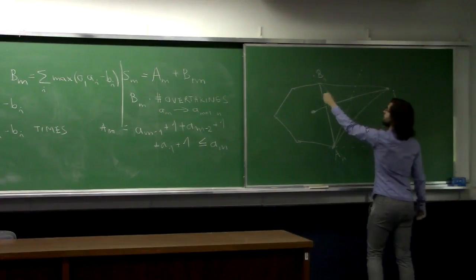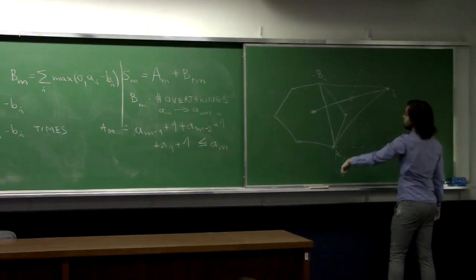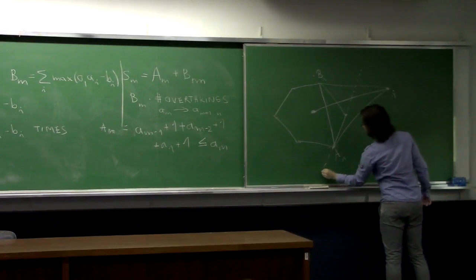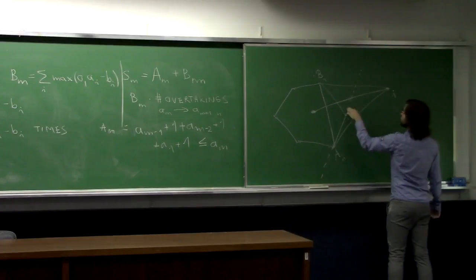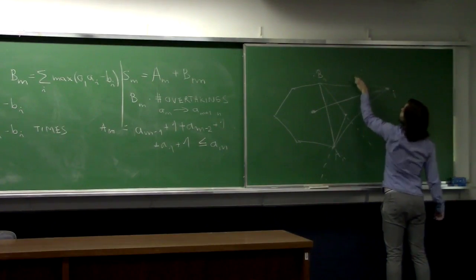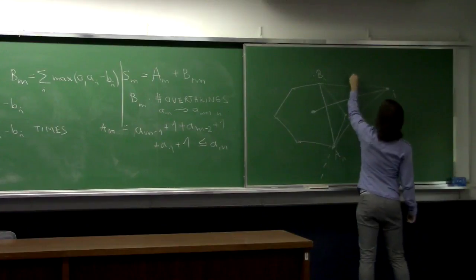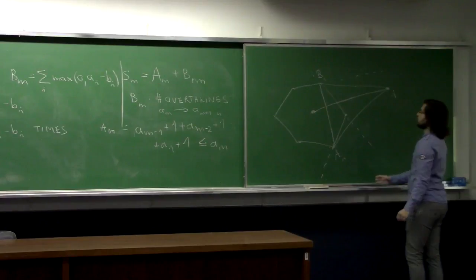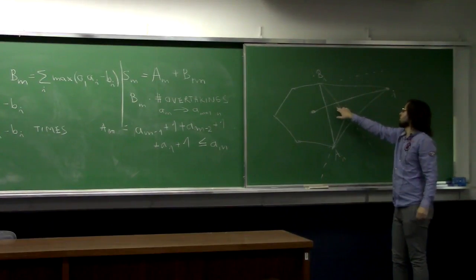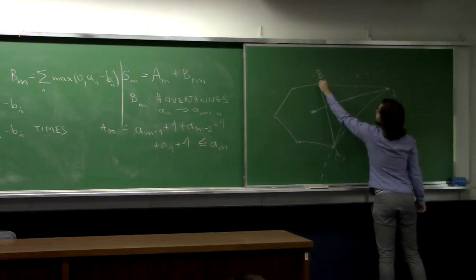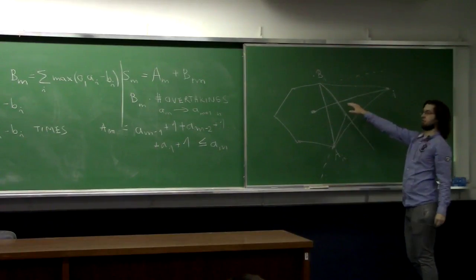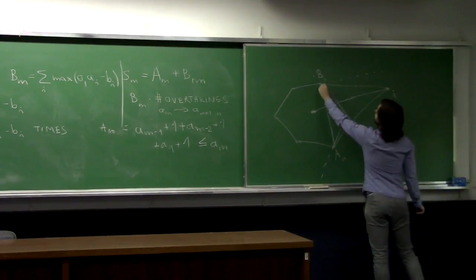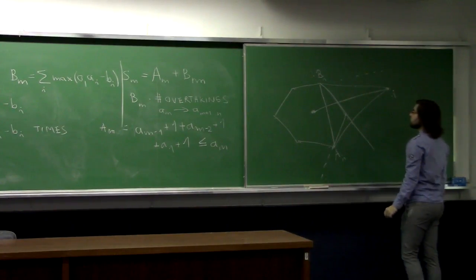When we are looking for point BI, then we extend all sides again, but in the opposite direction. So this side would be extended like this, this side like this, and it can be seen that this extended side is the one that intersects the ray, and therefore BI is this point.